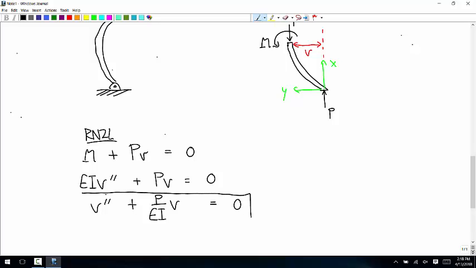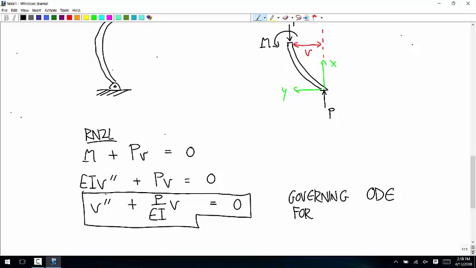Okay, that's going to be the governing differential equation, ordinary differential equation for the beam pinned to the ground.